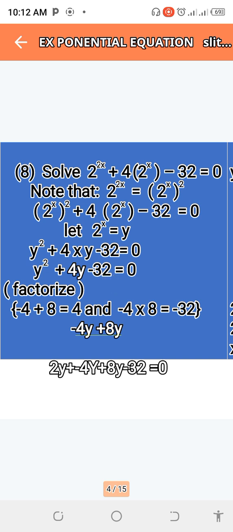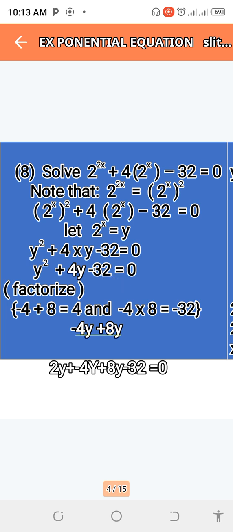That is to say that this equation is asking us one question. We are looking for 2 numbers. When these 2 numbers multiply themselves, the result is minus 32. And when these 2 numbers sum themselves, the result is plus 4.